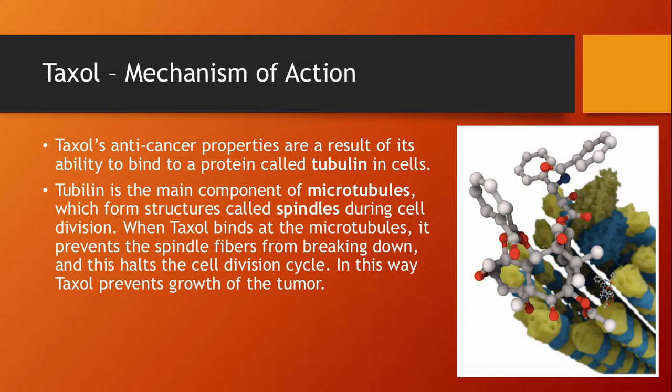Well, if Taxol and other similar drugs bind to these microtubules, or specifically to the tubulin within the microtubules, then you could prevent the cells from dividing and that tumor growing and the spread of the cancer. Okay, you can see an image on the right of the drug Taxol, the molecular structure, how it attaches to the tubulin in the microtubules.